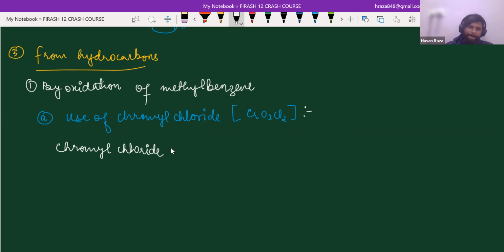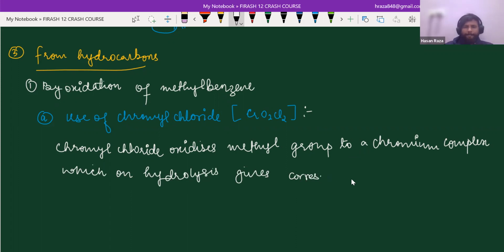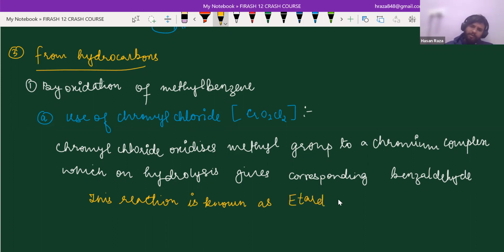Chromyl chloride oxidizes the methyl group to a chromium complex, which on hydrolysis gives the corresponding benzaldehyde, and this reaction is known as the Etard reaction. It is a name reaction. Please do write with me and let me know when you are done.